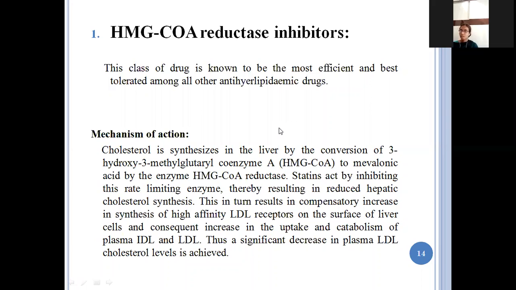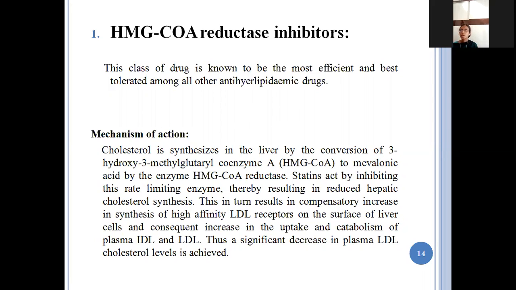Next, mechanism of action. So basically, cholesterol is synthesized in the liver by conversion of 3-hydroxy-3-methylglutaryl coenzyme A, that is HMG-CoA, to mevalonic acid by the enzyme HMG-CoA reductase.